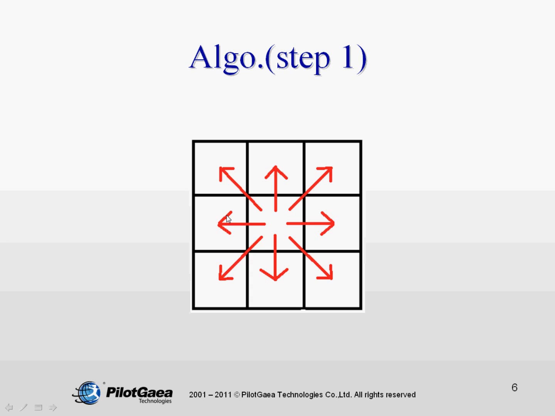Each grid has 8 ways of direction: 1, 2, 3, 4, 5, 6, 7, and 8. At this time, only the effect of terrain is considered.